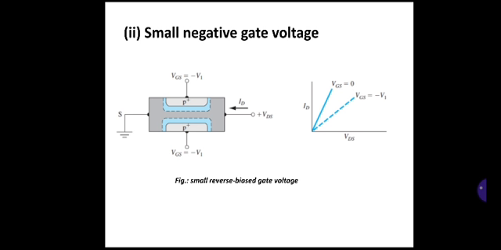For VGS equal to 0, we have a linear characteristic, whereas here, if you apply a negative gate voltage, the slope is going to decrease, which is indicated by VGS equal to minus V1. So minus V1 is a small negative voltage. As you are applying a small negative voltage, the slope is going to decrease compared to when the gate voltage is 0.